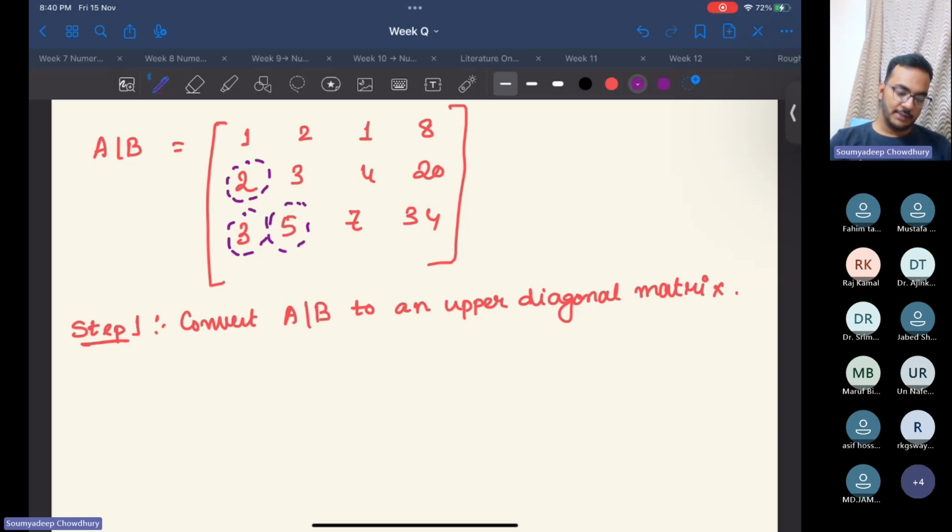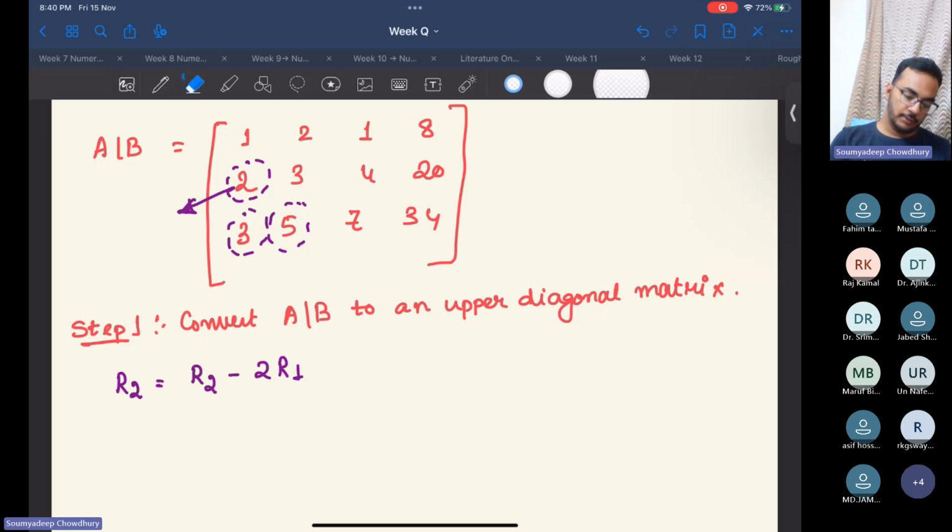First, this 2, 1 element, that is this element, we have to make equal to 0. So if I want to make it 0, the second row, R2 equals R2 minus M into R1.